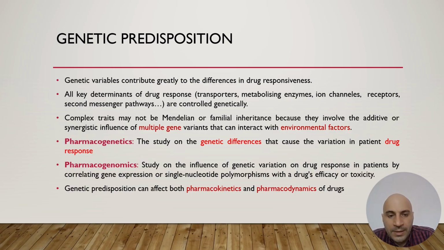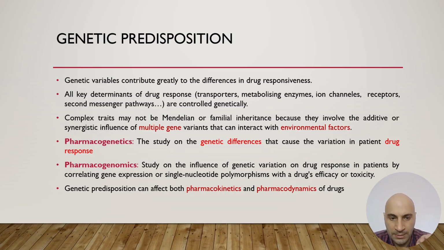And we can define here two important terms. One is pharmacogenetics, which is the study of genetic differences that can cause variations in drug response. And pharmacogenomics. Genomics is wider than genetics. It is a study of the particular influence of genetic variations in drug responses.